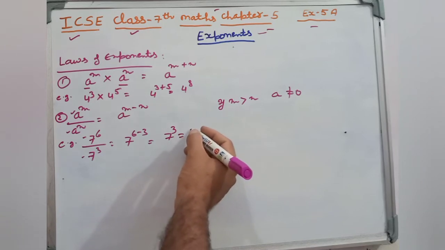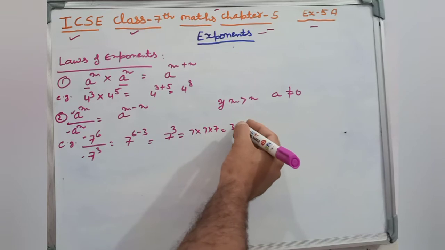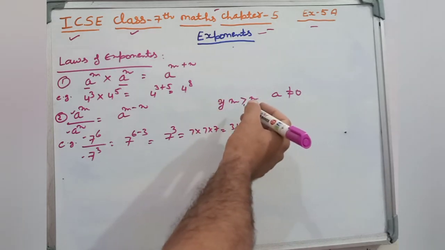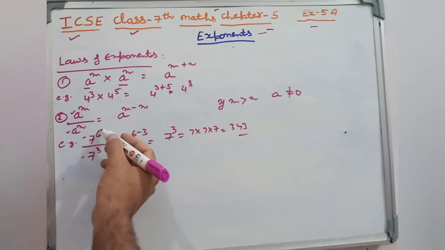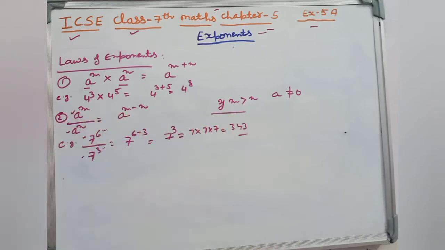That means 7 multiplied by 7 multiplied by 7, 7 7 49, 7 49s are 343. Here m is greater than n, so this condition, this law has applied here.